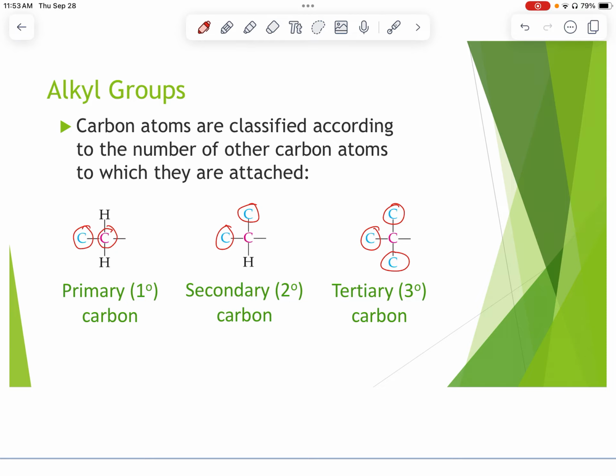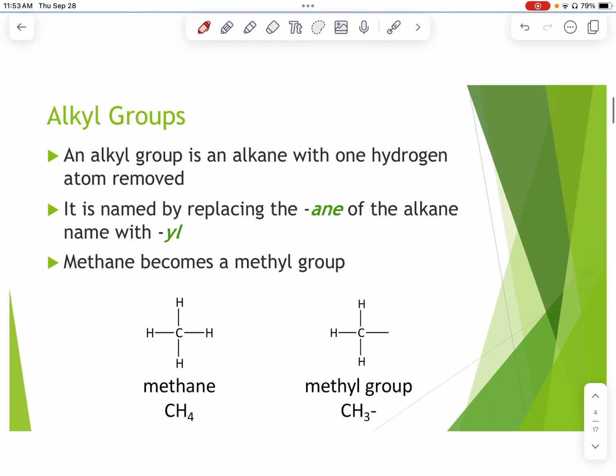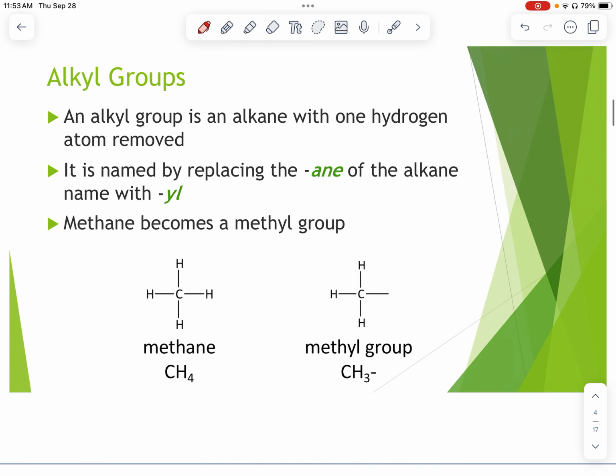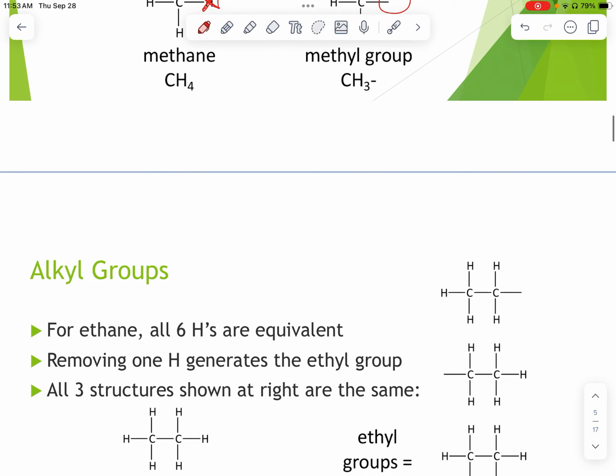So primary, secondary, tertiary. Okay, so to make the alkyl group, we're just going to remove one of these hydrogens and you're left with an alkyl group ready to attach. Methane is CH4 and the methyl group is CH3, ready to attach somewhere.